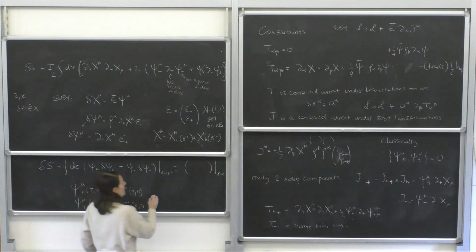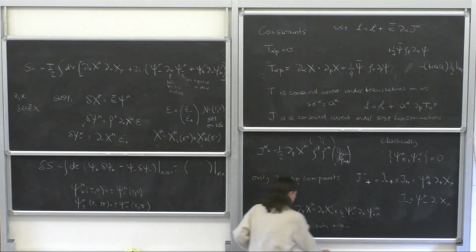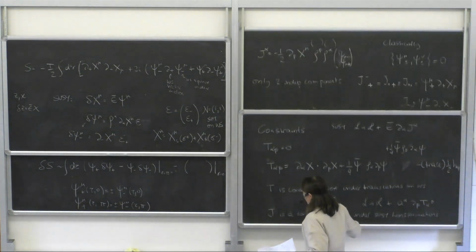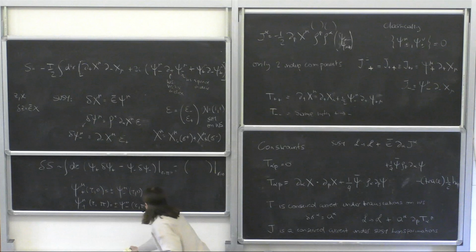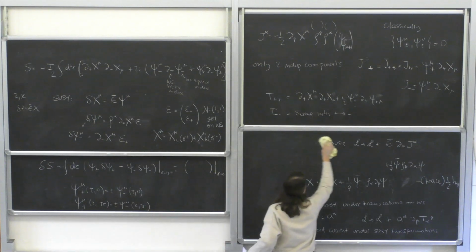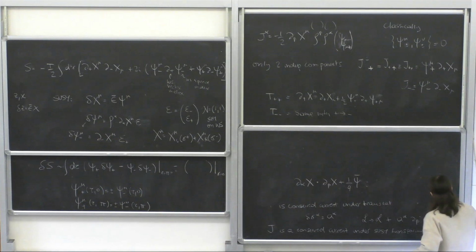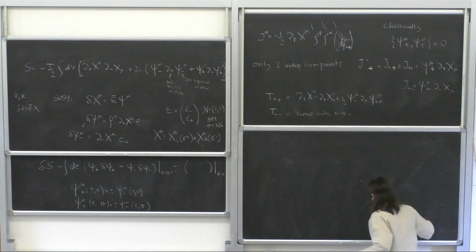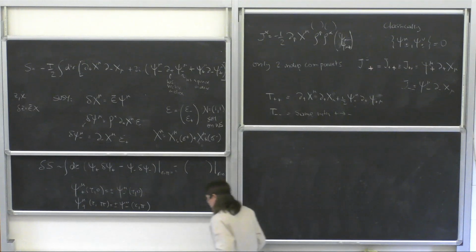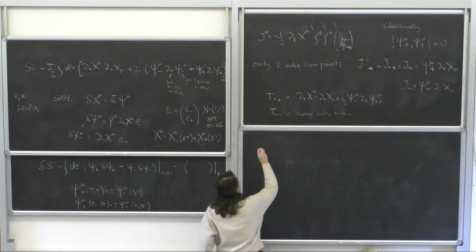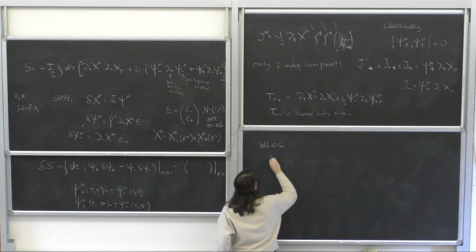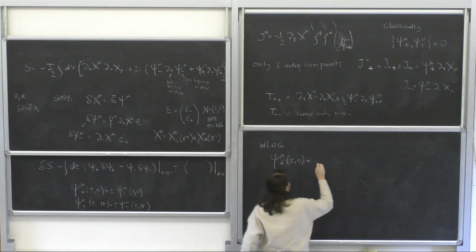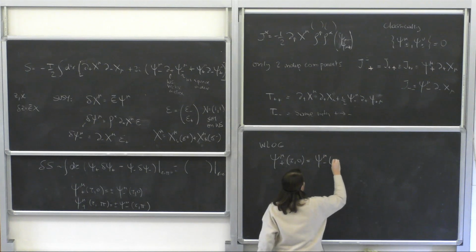So without loss of generality, I'm going to choose psi mu plus at tau 0 equals psi mu minus at tau 0.